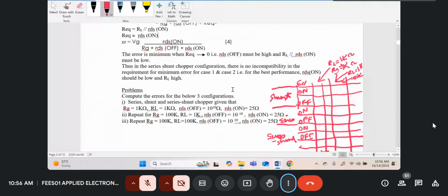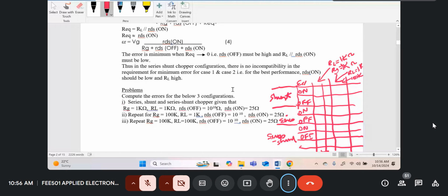I've just missed it in my notes over here, but it's actually quite simple. We did it for the spike performance for the series and also for the shunt. So you can combine the two to get the spike performance for the series shunt.